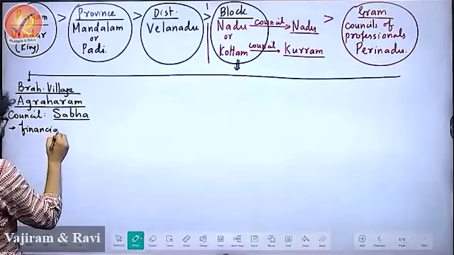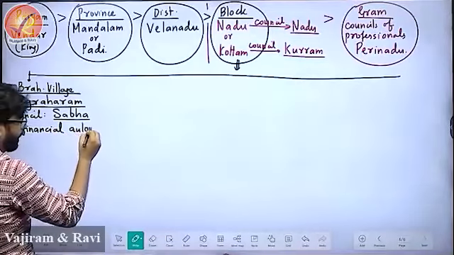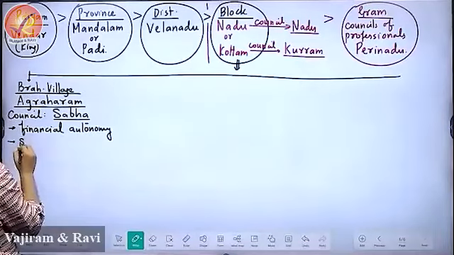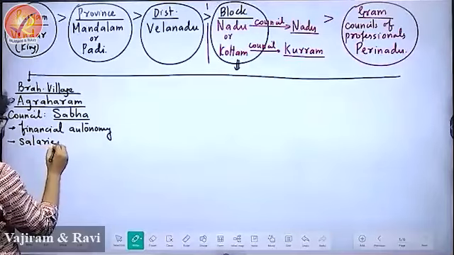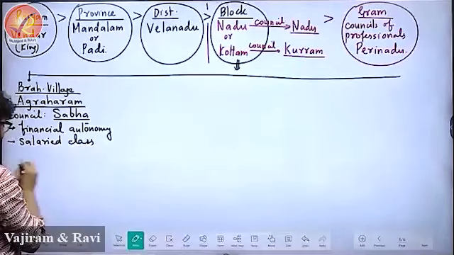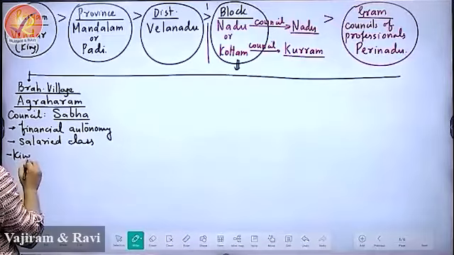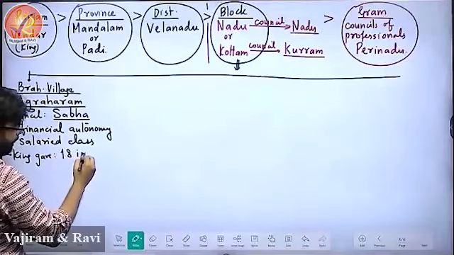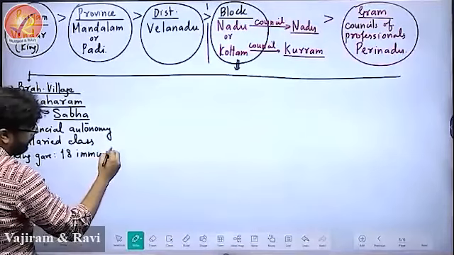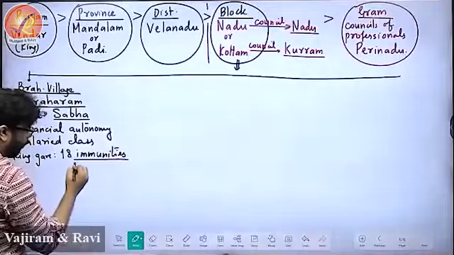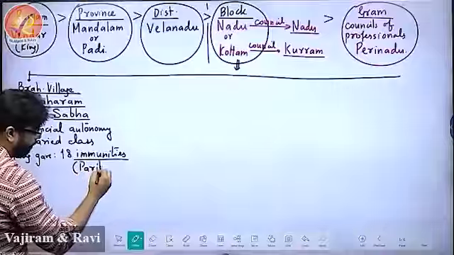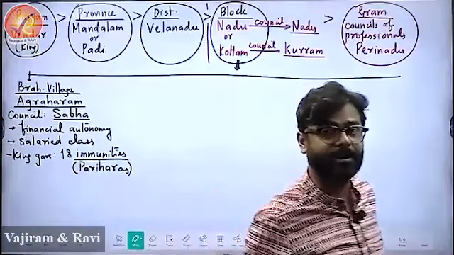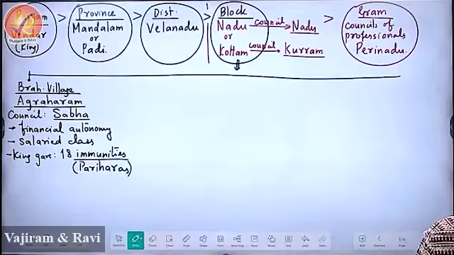Do you know why? Because here the members of the Sabha are salaried class. And also the king has given them 18 immunities, which are called pariharas.